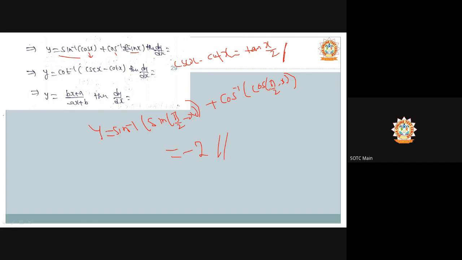Now try to see the next question. Y is equal to bx plus a by minus ax plus b. You can apply that formula, that is ad minus bc divided by the denominator square. Right? So tell me what it will come. A plus b by minus ax plus b, sir. Sorry?